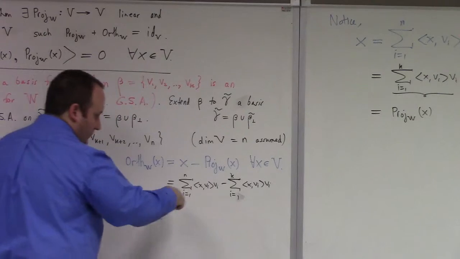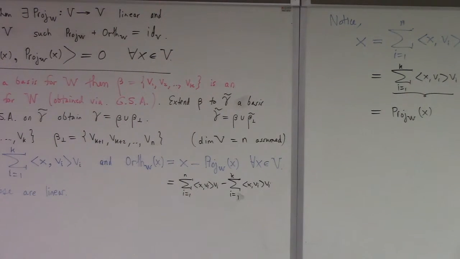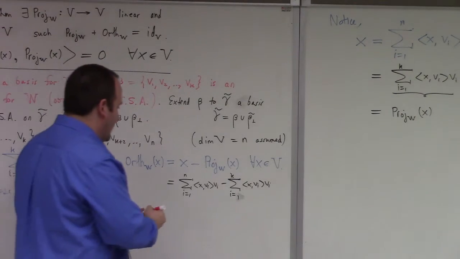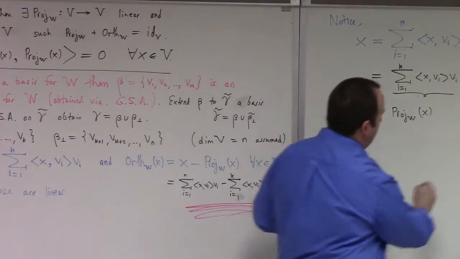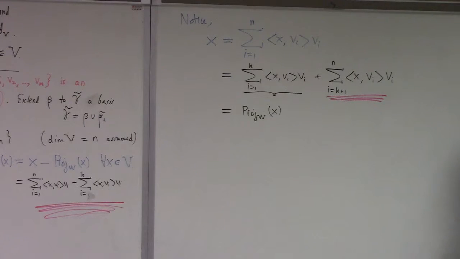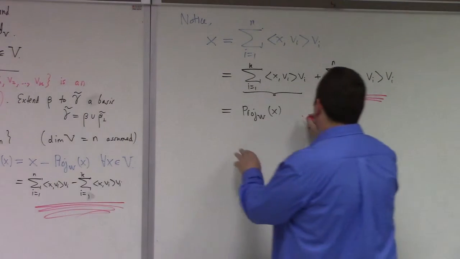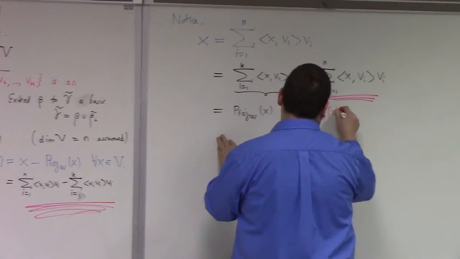So what happens when you take the difference of these sums? You lose the first k of them. That's how finite sums work. And all you're left with is the end of the sum, from k plus 1 to n. So those are equal, and this is nothing more than the orthogonal projection onto W of x.